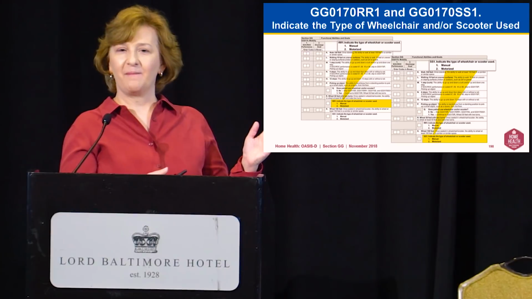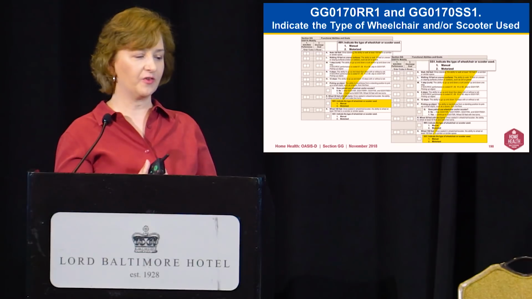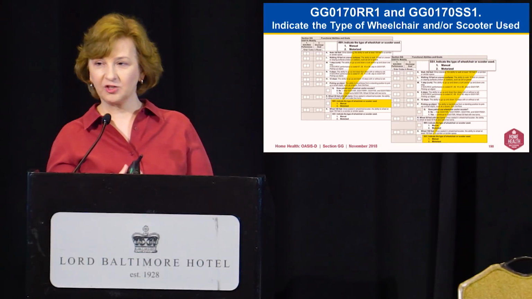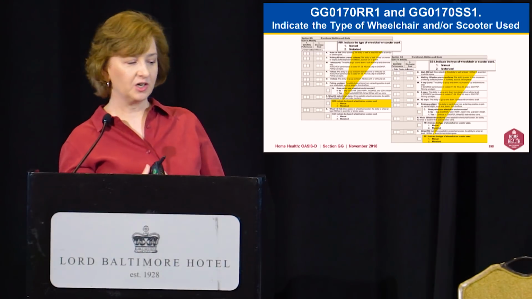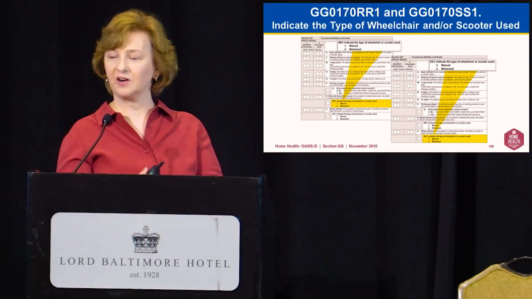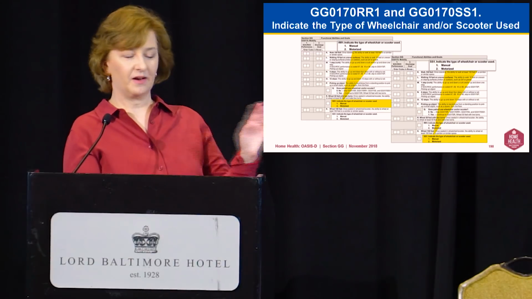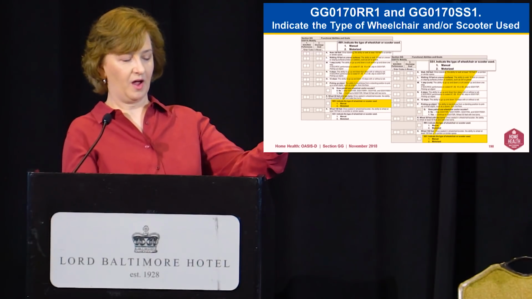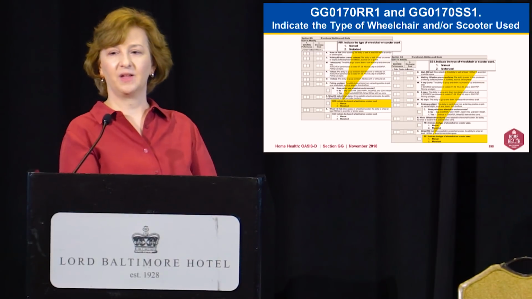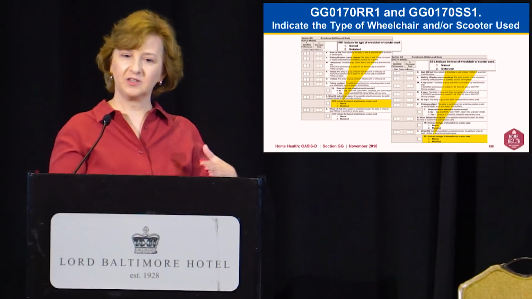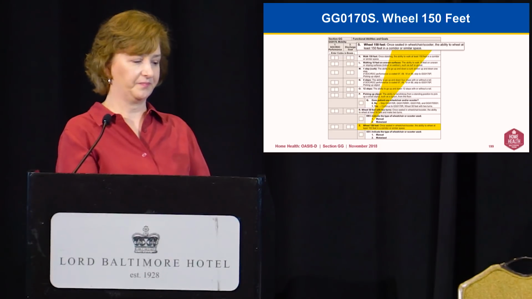Okay. The patient who has been assessed on this particular item, there's a follow-up question asking what type of wheelchair was used. So the options are that the wheelchair was a manual wheelchair or that it was a motorized wheelchair. In the example we just had, she was propelling with her feet, so it was a manual wheelchair. But there is this follow-up question for this wheel 50 feet with 2 turns as well as the 150 feet, because in some instances somebody might travel short distances in one type of wheelchair and longer distances they may use a different type of wheelchair.